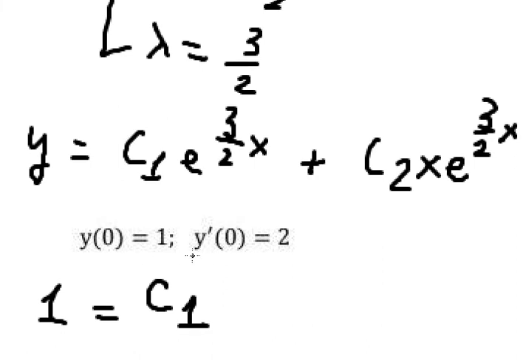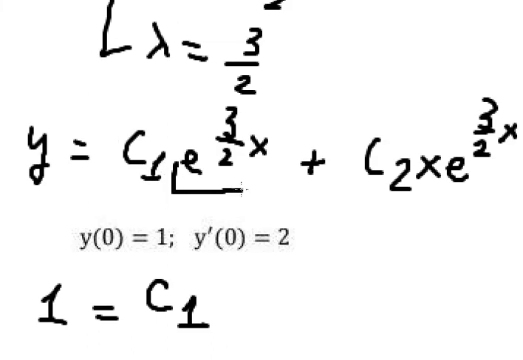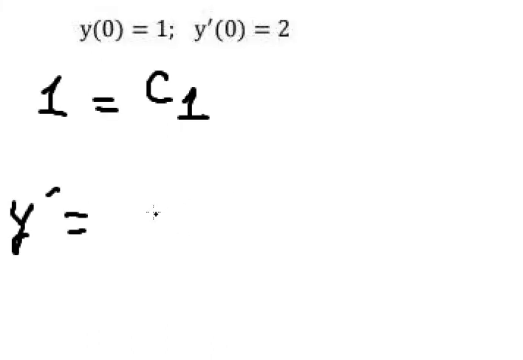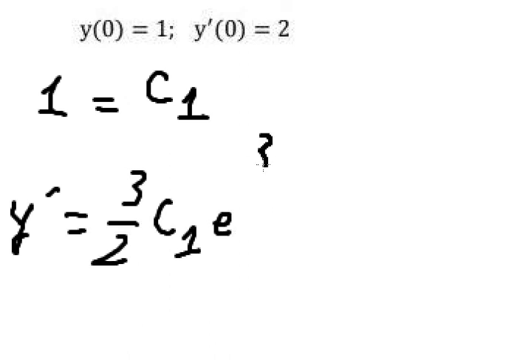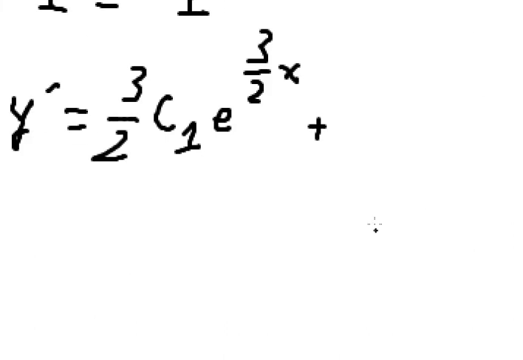Now we need to find the first derivative of this one. First derivative of e to the power of 3 over 2s, we have 3 over 2, c number 1, e to the power of 3 over 2s. Now we do the first derivative of this one. We know that the first derivative of s you get number 1.